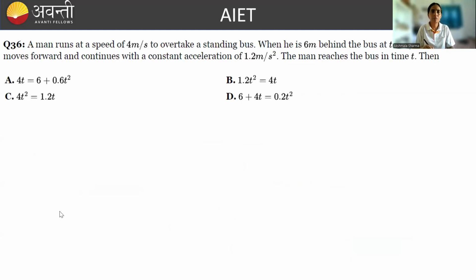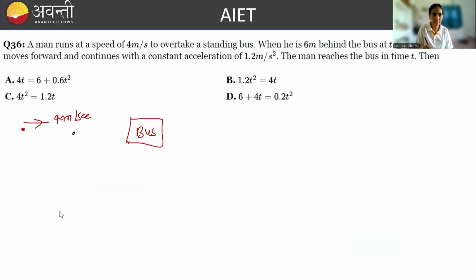Now let's read this question. A man runs at a speed of 4 meters per second to overtake a standing bus. So the bus is standing here, and a person starts running with a speed of 4 meters per second to overtake it, when he is 6 meters behind the bus at time t equal to 0.